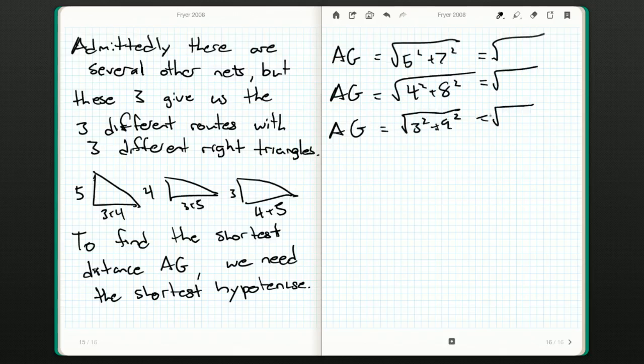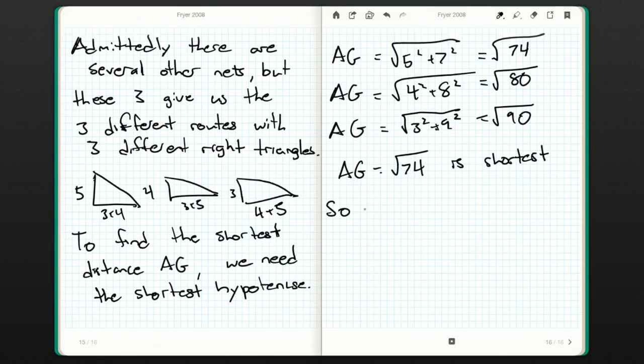So square root of 25 plus 49, so square root of 74, or 16 plus 64, square root of 80, or 9 plus 81, square root of 90. That's shortest.